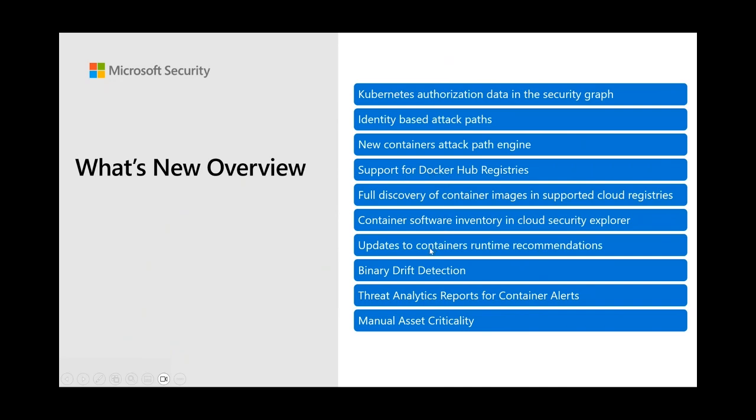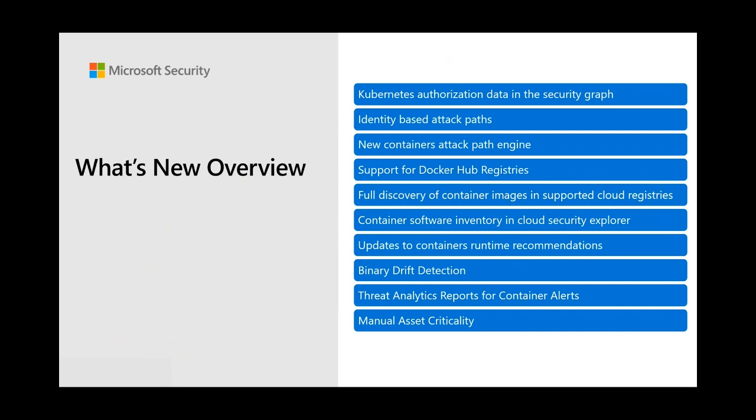And then you'll also see here we've added additional capabilities for runtime threat detection as well that we'll cover in the later half of the presentation. So with all that in mind, we'll get started here in showing you what's new.